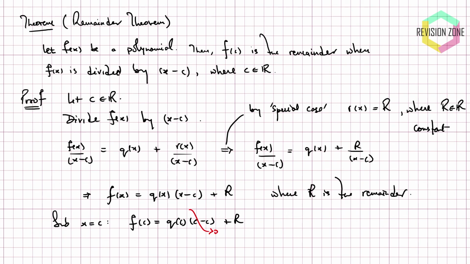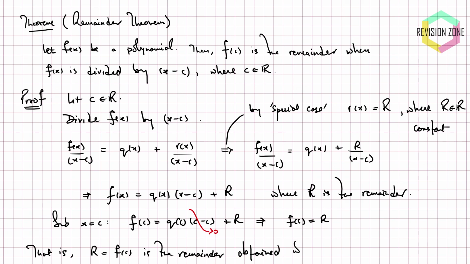So what that tells us is f of c is equal to r, right? But r is our remainder. So r equals f of c is the remainder obtained when f of x is divided by x minus c.